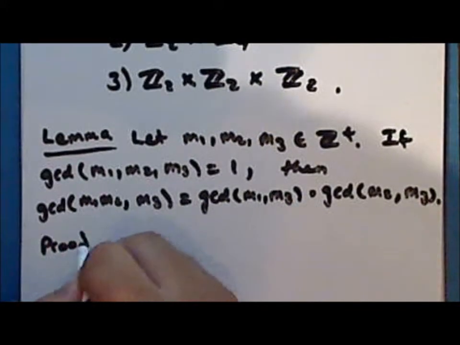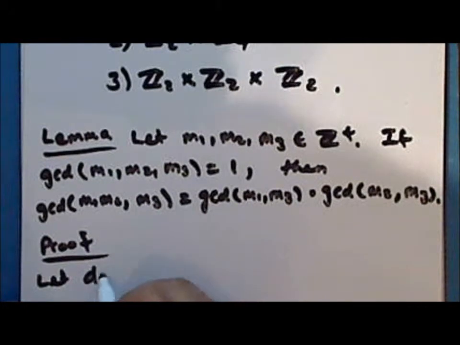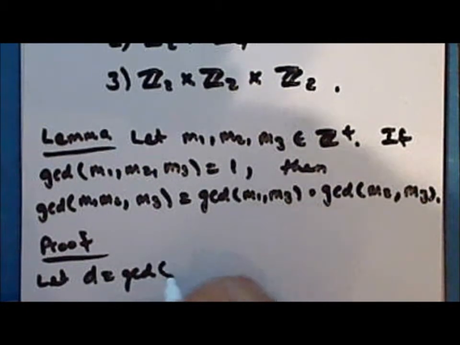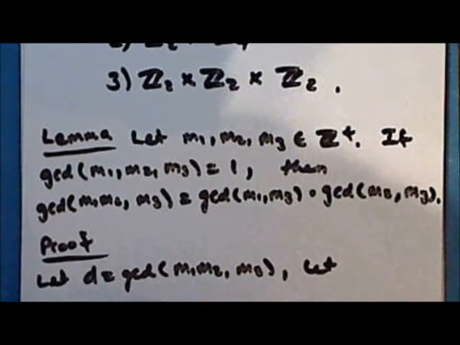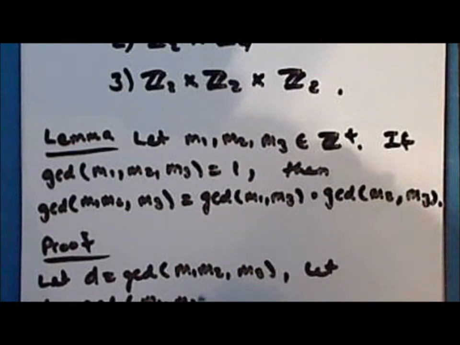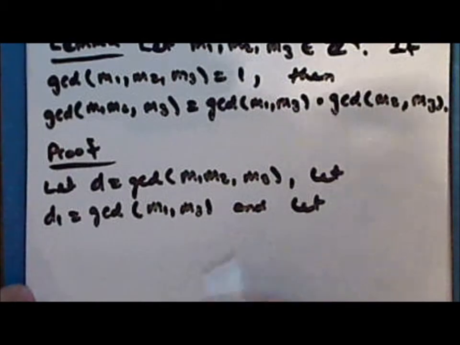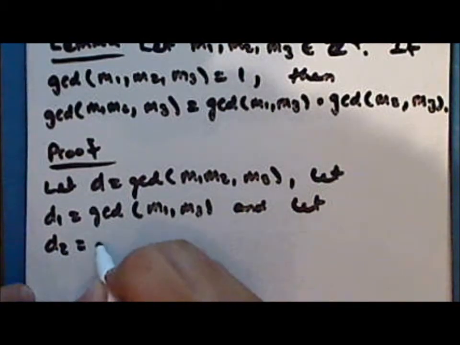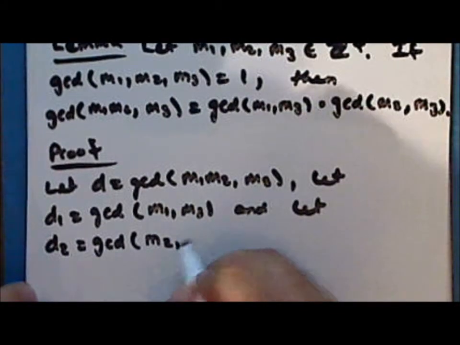So proof. Let D be the greatest common divisor of the product m1 times m2 and m3. Let D sub 1 be the greatest common divisor of m1 and m3. And let D sub 2 be the greatest common divisor of m2 and m3.